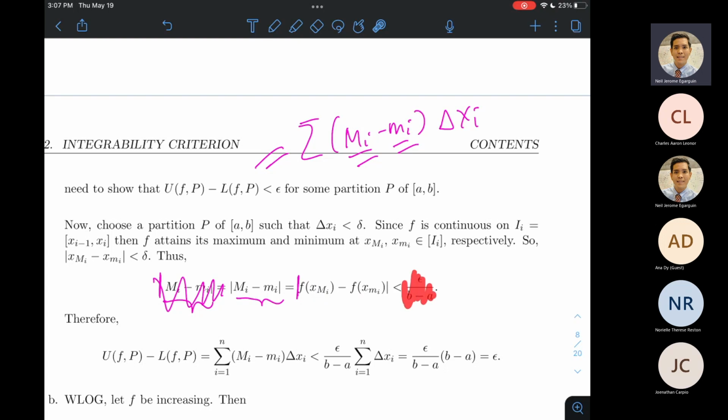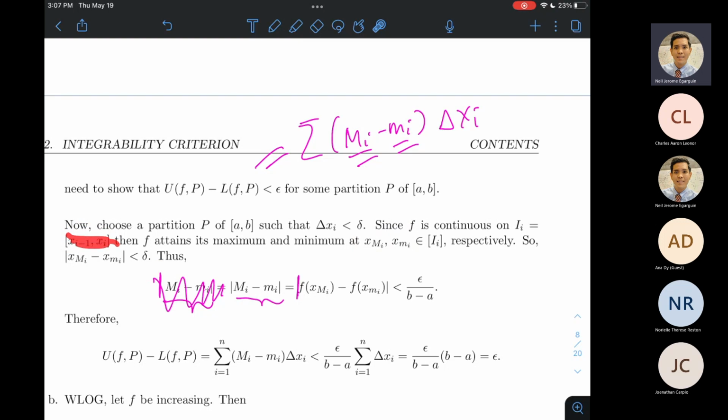Wala pa to. Pero, by choice, by the design of the partition inducer, yung haba nung ith subinterval ay hindi lumalampas ng delta. So, ibig sabihin, yung pagitan ng maximizer at minimizer ng function f doon sa closed subinterval na to, ay hindi lalampas ng delta.